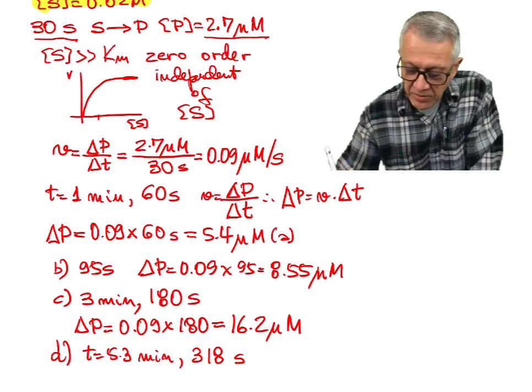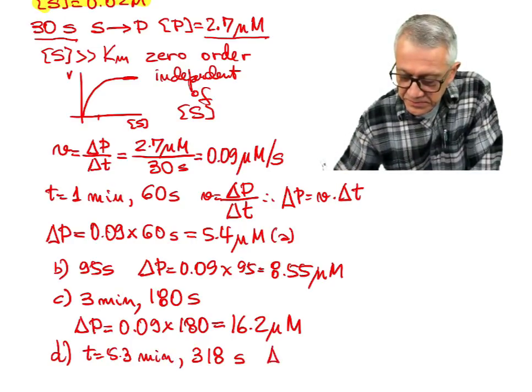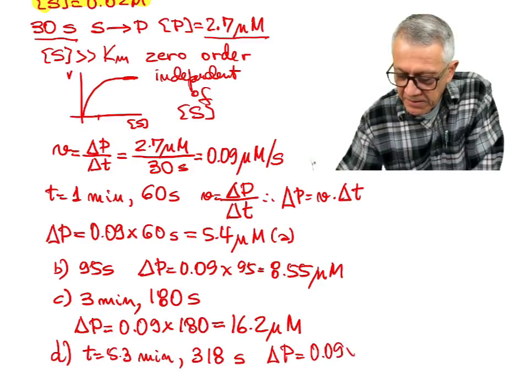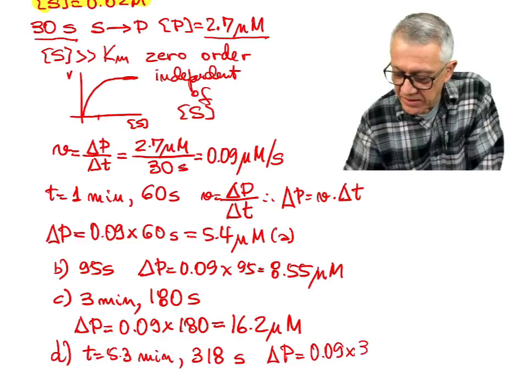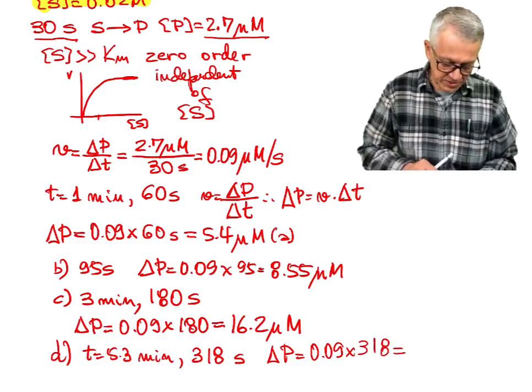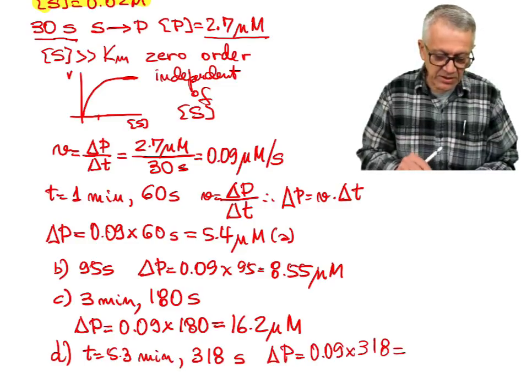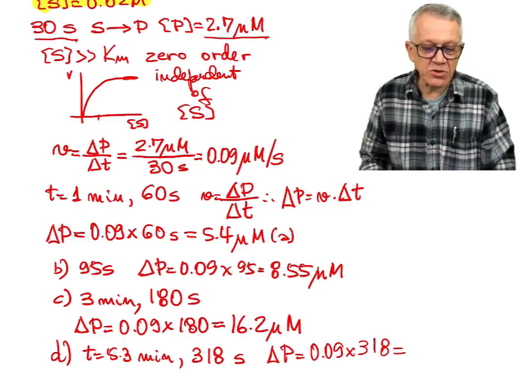Then we have the same formula, 0.09 times 318. 318 is already here, times 0.09, so it's going to be 28.6 micromolar.